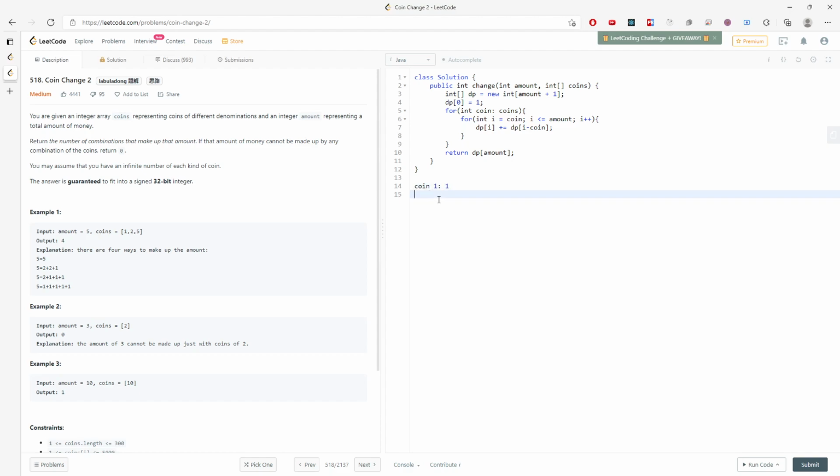With coin 2, you can have 1 plus 1 or 2. With coin 3, you have 1 plus 1 plus 1 or 2 plus 1, and so on. Just think about the logic and you will be able to solve it.